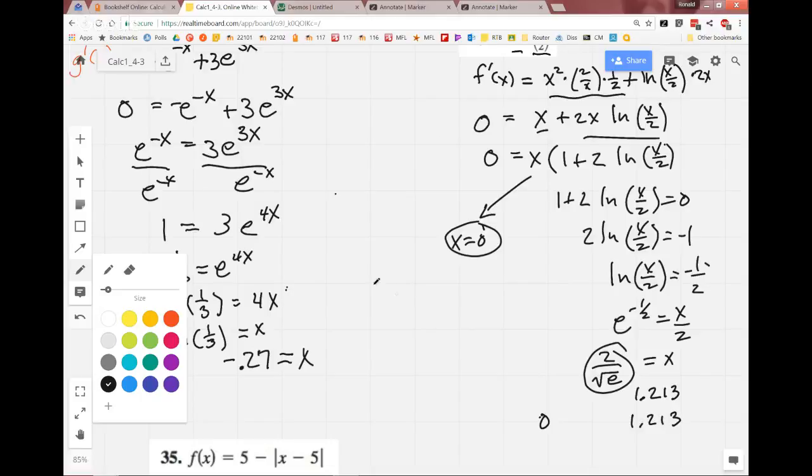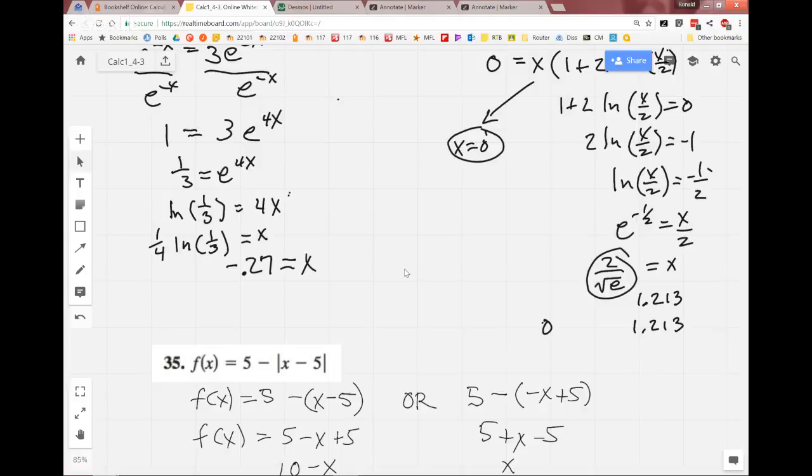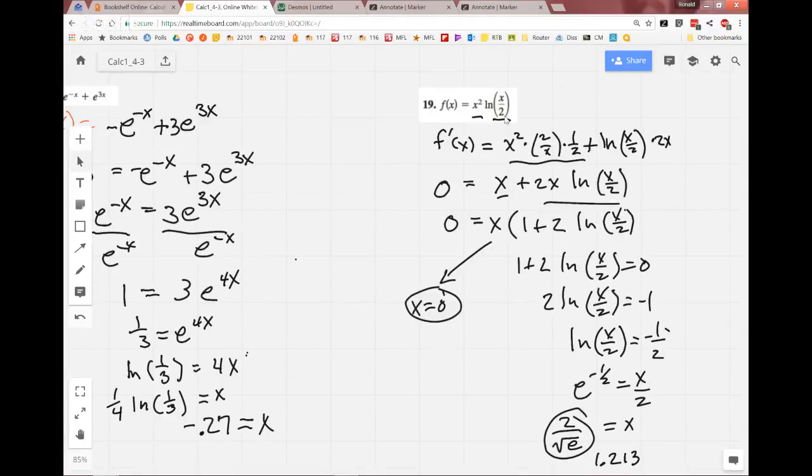Now, this is kind of interesting. When you do your test value for left of 0, you can't do it. And here's why. If x is less than 0, here's the problem. You look back way up to the top. If x is negative, we have a negative over 2. That's a negative. What's the natural log of a negative number?